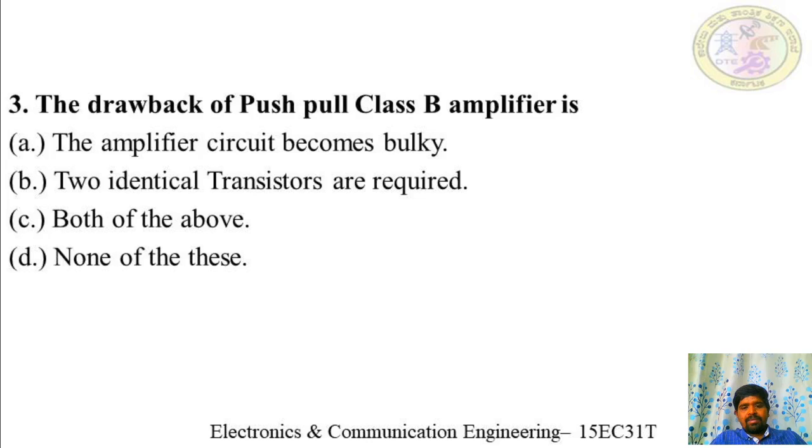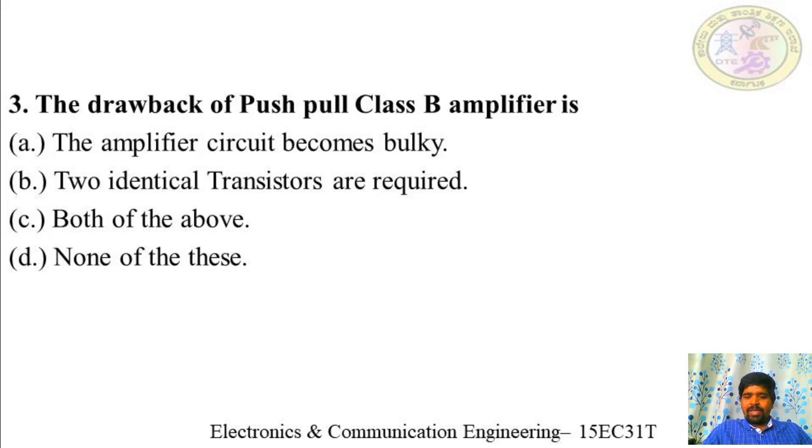And the third one: the drawback of the push-pull class B amplifier. I think we discussed this in the first topic, at the beginning of the slides. The drawback of the push-pull amplifier is why we are moving to complementary symmetry. So now we can guess the answer. The answer is the amplifier circuit becomes bulky.